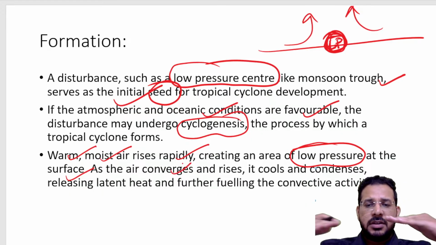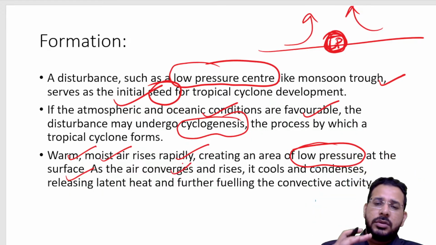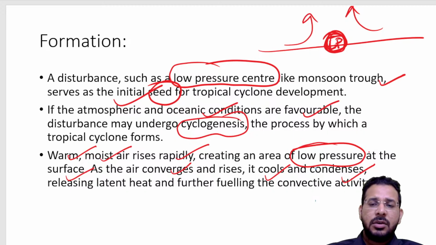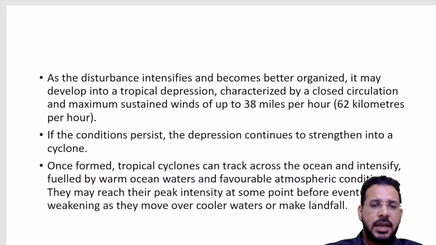When the air is converging and rising, it is cooling and condensing. The water molecules, the moisture in the air, are condensing. When the water molecules are condensing, latent heat is released, which is further adding as fuel to the cyclone.